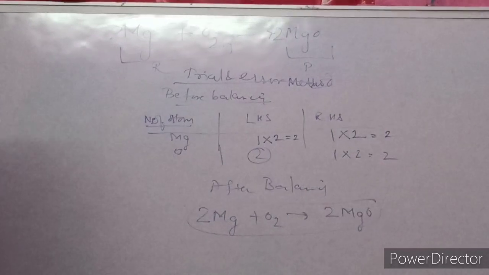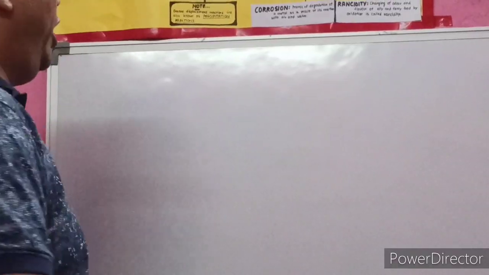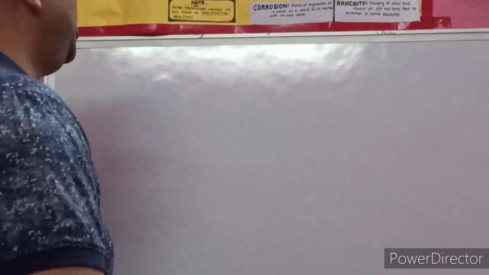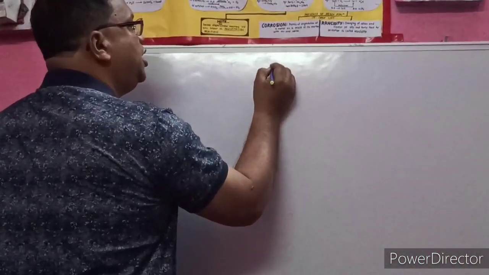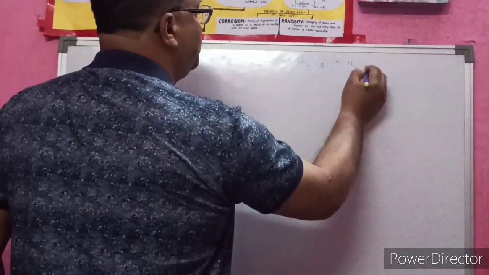Now one more balancing which we can do is when red hot iron is passed through steam: Fe plus H2O gives Fe3O4 plus H2.